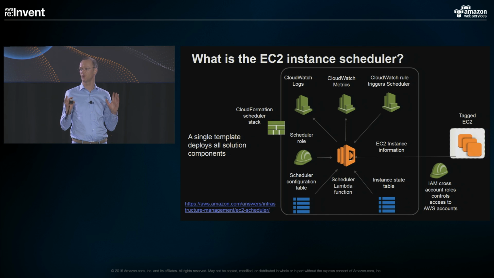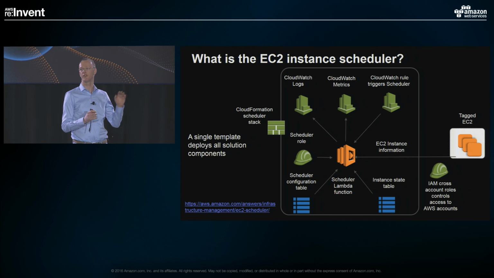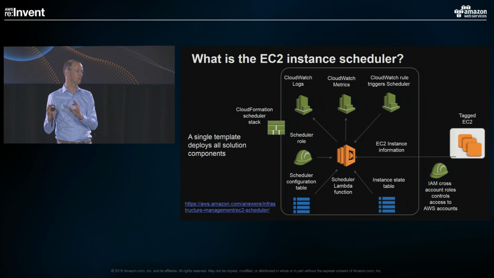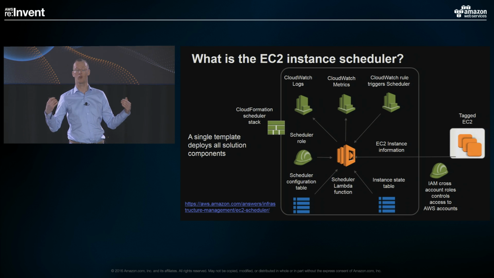It's really easy for you to consume. You've got a link over here, and the template will configure all of the services that you see on this slide. It gives you the ability to tag your instances with a schedule, and then there's a Lambda function which runs every 5 minutes, and based on the tagged schedule, will perform the action to start or stop your instance.